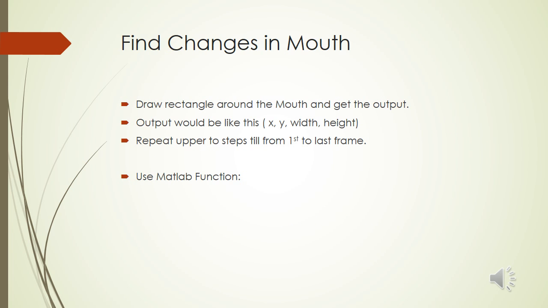In order to find changes in the mouth, I need to draw a rectangle around the mouth in every single frame by using MATLAB's computer vision tool. I will repeat that step from the first frame to the last frame.